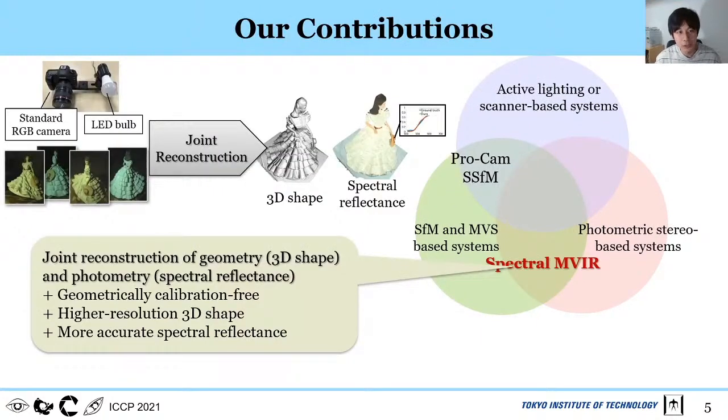In this paper, we propose a novel method called Spectral MVIR for jointly reconstructing a detailed 3D mesh model and accurate spectral reflectance for each mesh vertex by fusing MVS and photometric stereo-based methods.